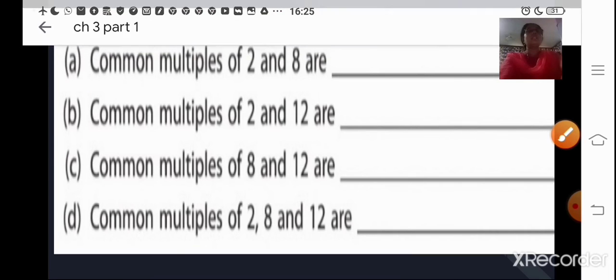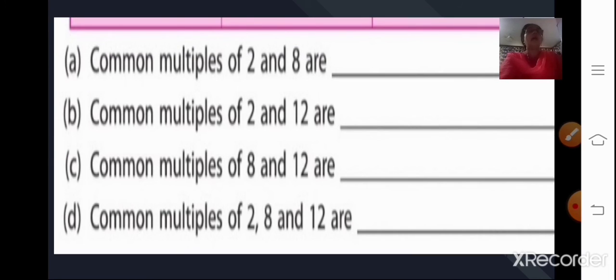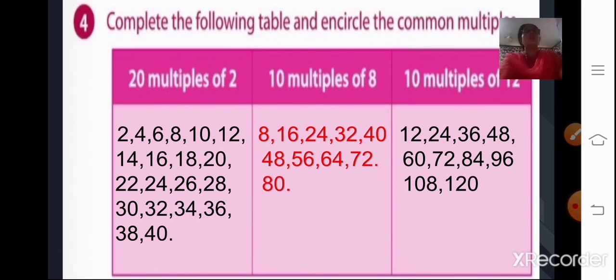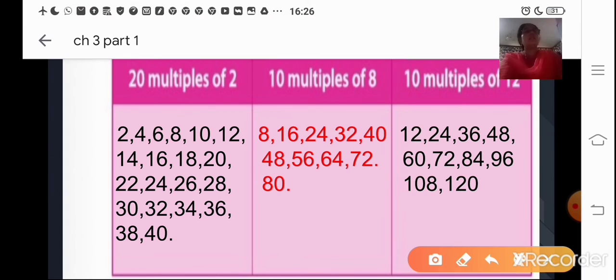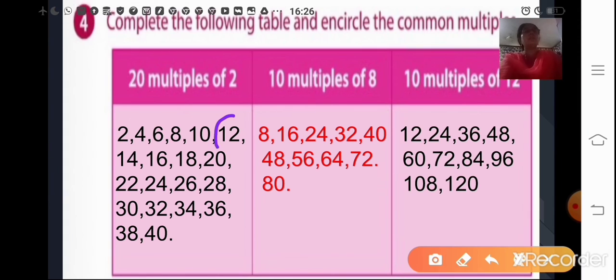Now the next question is common multiples of 2 and 12. So which are the common multiples of 2 and 12? The first number is 12, then 24, 36.